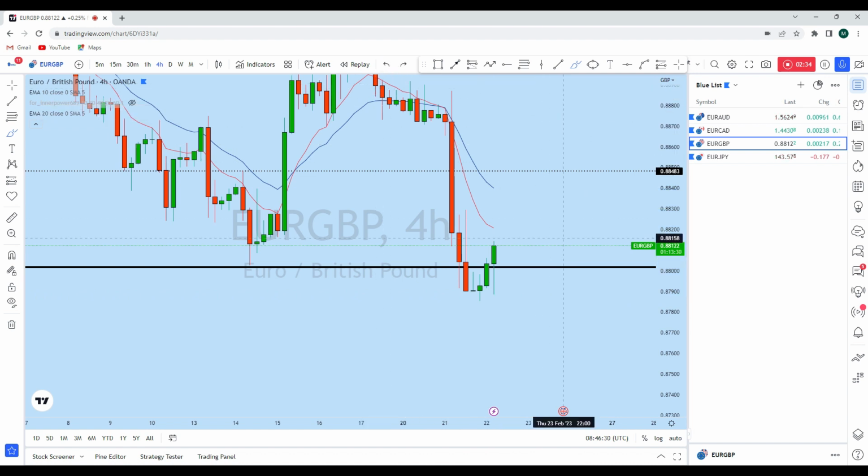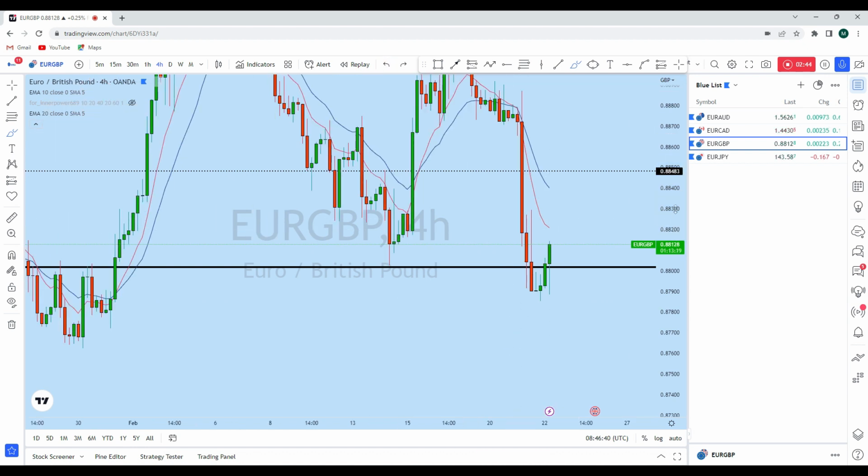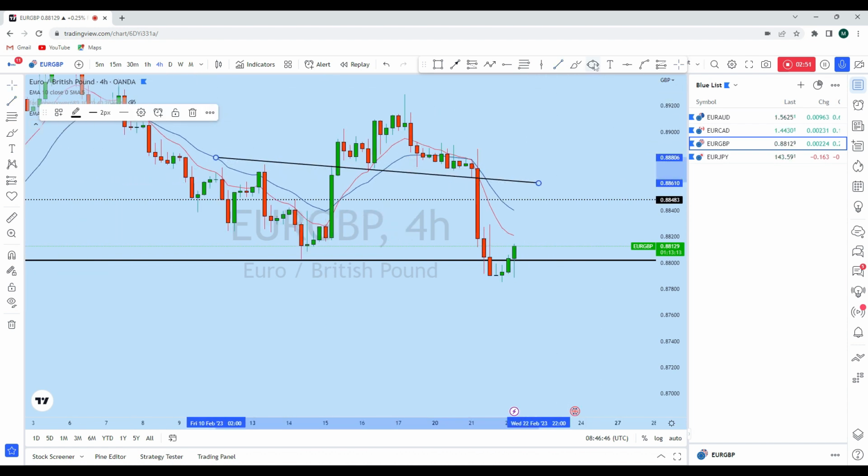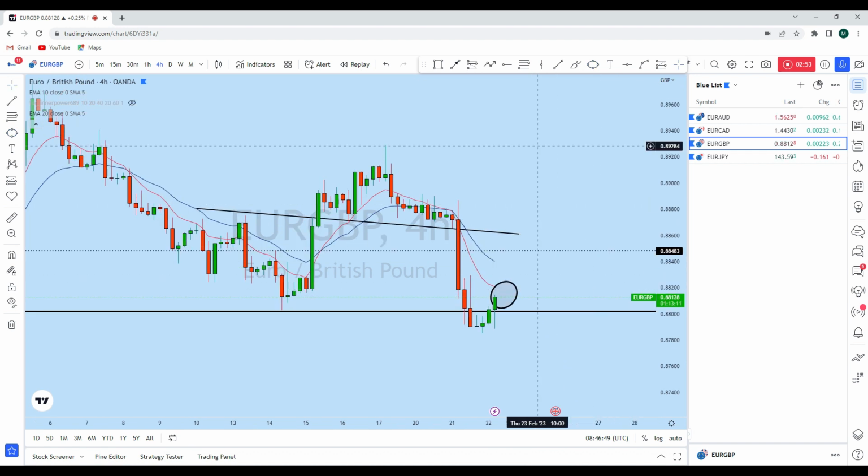This current candle is significantly bullish, has crossed this liquidity zone and is now rejecting to the upside, which means Euro GBP could go back to this important previous support zone turned resistance. So we can expect Euro GBP to go up. As soon as we find a suitable entry opportunity along this zone, we'll consider going long on Euro GBP to take this move to the upside with our students with a high probability trade setup.